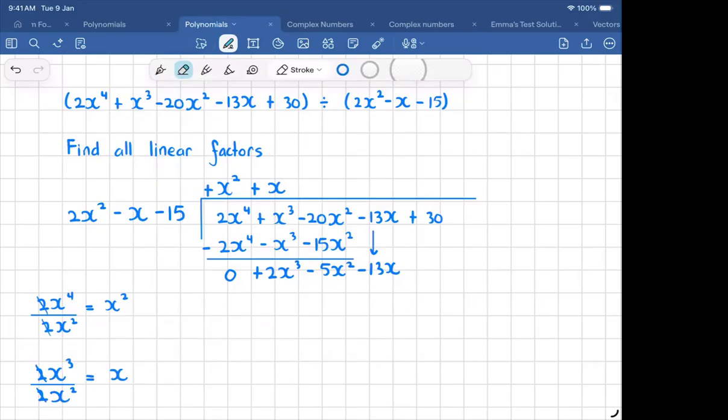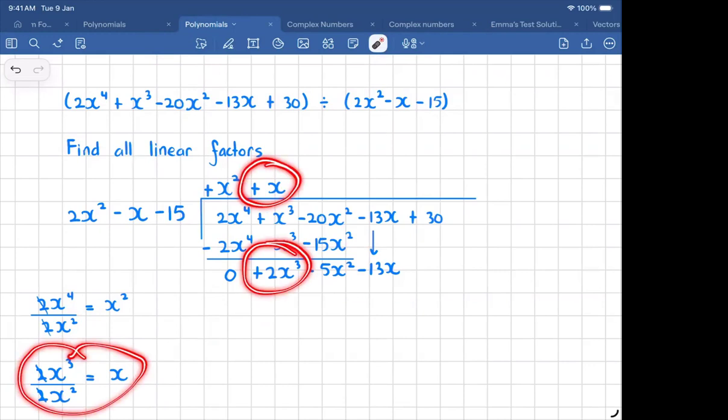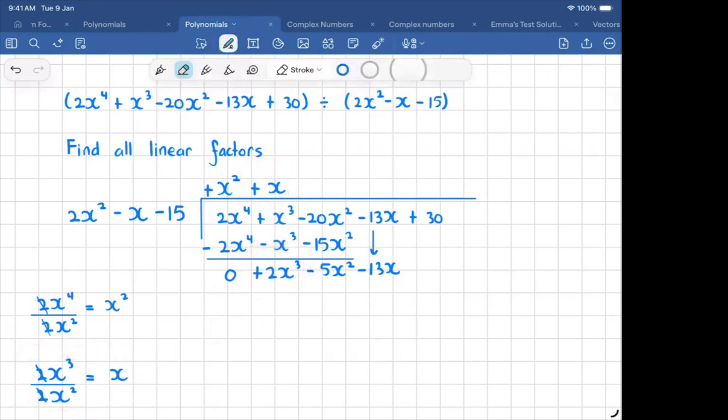What's the next step, Serena? You divide 2x cubed by 2x squared. Oh, we already did that. That's okay.